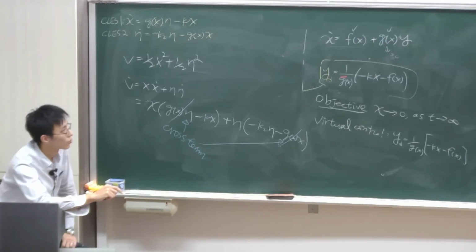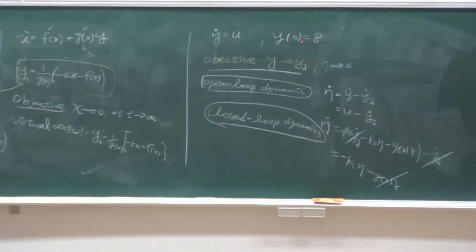You are controlling y dot, not y, because your initial condition can be random and might not be the same as the desired y. So you need to do a tracking problem that controls y to track this yd signal.